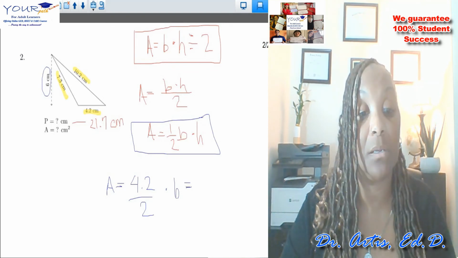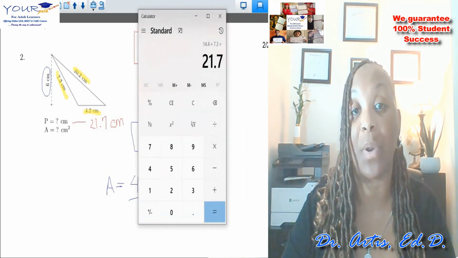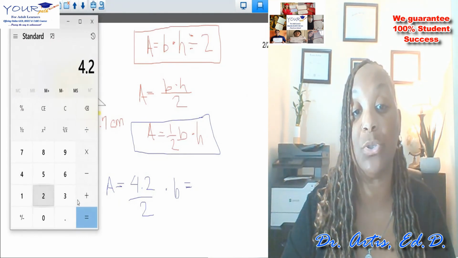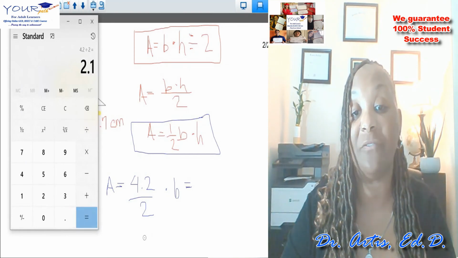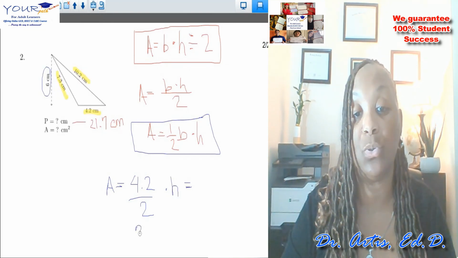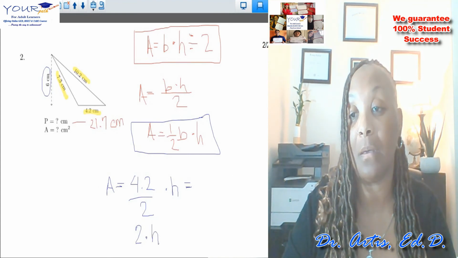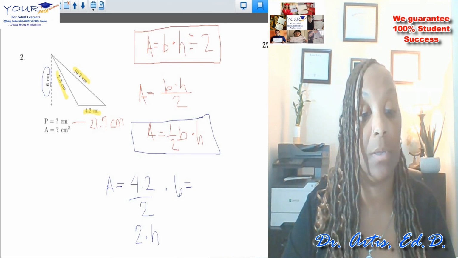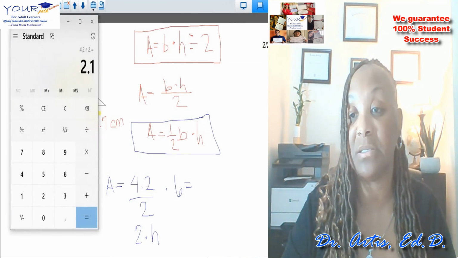So let's look at our calculator. Let's bring up our calculator, and we're going to clear it. 4.2 divided by 2 will give me 2.1. Oh, actually, I put the 6 here for height, so I was correct. Okay. And then I'm going to, that's 2.1.